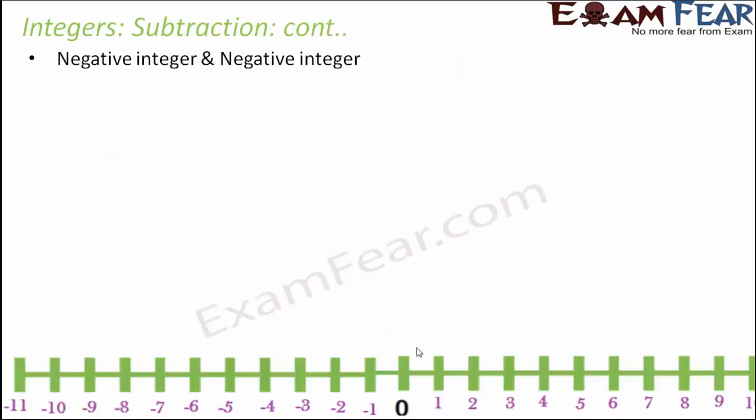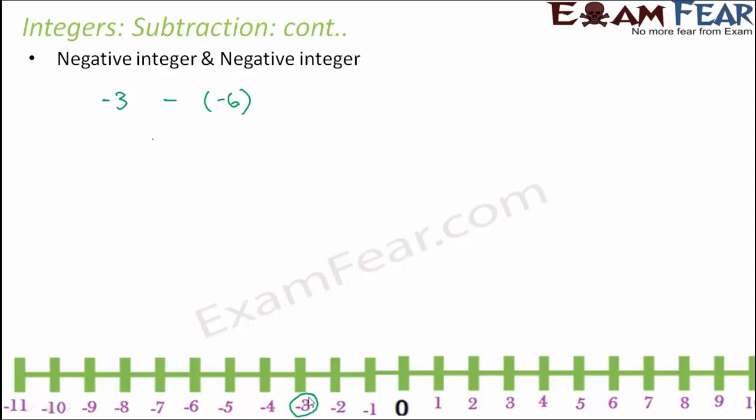Now what about negative integer with negative integer? Let us take examples of two negative integers in this case. Let's say minus 3 minus minus 6. So minus 3 and minus 6 are two negative integers. Now we want to subtract the two. So let's make use of the number line. So where is minus 3? This is minus 3.